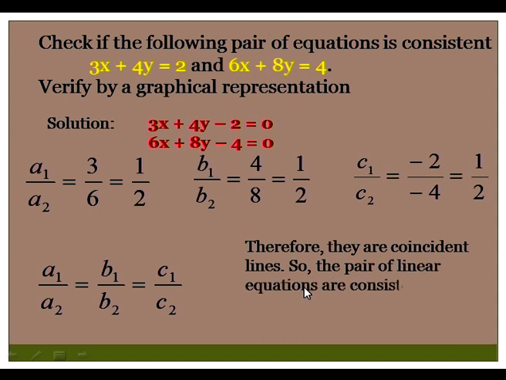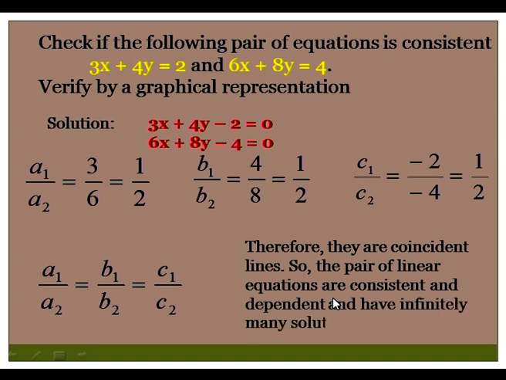So, the pair of linear equations are consistent and dependent and have infinitely many solutions. So, even before drawing the graph, we are able to tell the nature of the graph, that the pair of equations given to us are consistent and have infinitely many solutions.